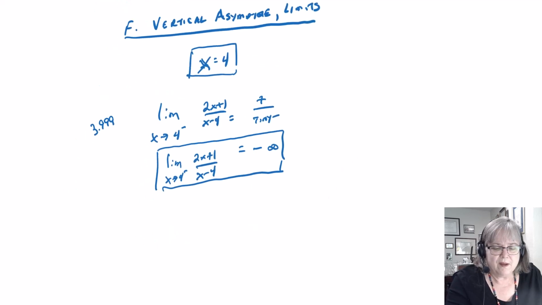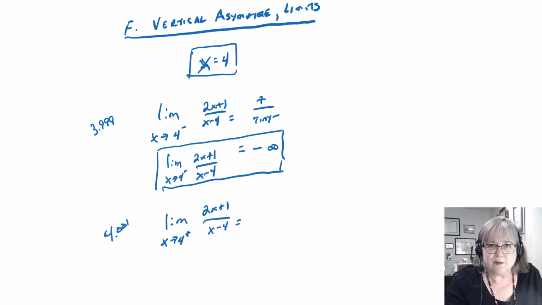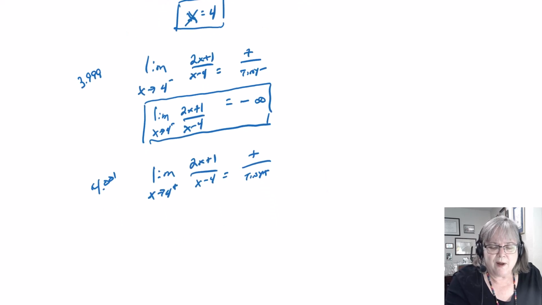Okay, so then if we're going to do the limit as x approaches 4 from the right, and 4 from the right is something like 4.001, really close, then you would have a positive number on the top, and 4.001 minus 4 is a wee little tiny positive number, and a positive number divided by a wee little tiny positive number is a positive huge number.